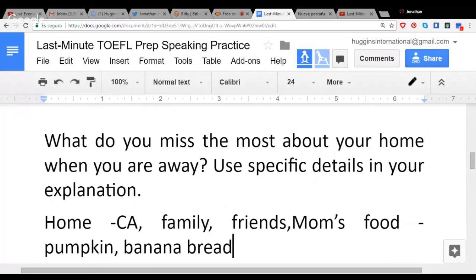So if I had a specific detail, that's where I could have not been hesitating or improvising so much, because I started to mention dessert, and then I started mentioning food for Thanksgiving, like turkey and stuffing, and then I got to pumpkin pie. But that took me a second.